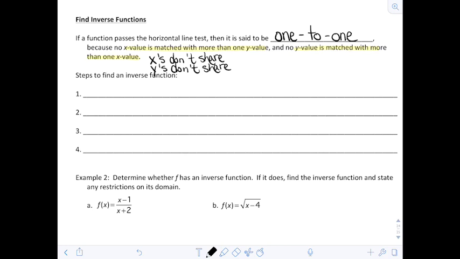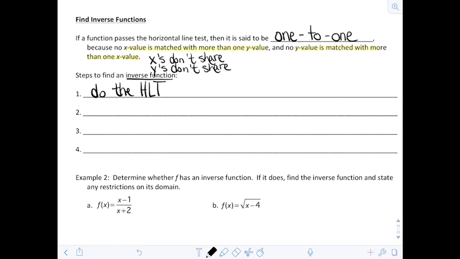So if we're looking at the equation, the first thing we're going to do, actually, if we look at the graph and we know what the graph looks like, we're going to do the horizontal line test. So to find an inverse function, the horizontal line test will tell us whether or not the inverse is even a function.